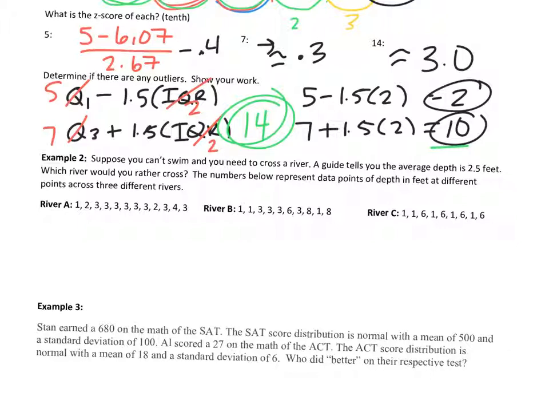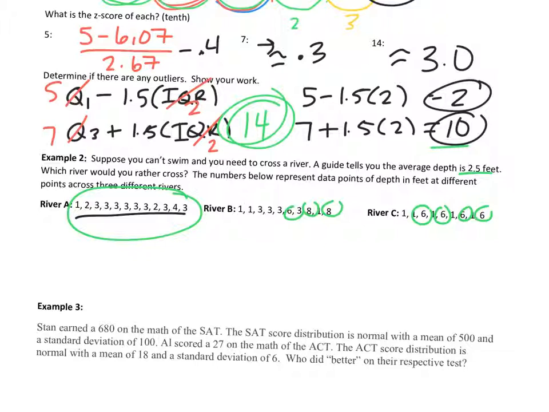I would want to cross river A because if it's 2.5 feet and you can't swim, and here it's 6 feet, 6 feet, 6 feet, you're going to struggle. 8 feet, 8 feet, or 6 feet, you're going to struggle. So even though the averages might be the same, your best bet is A, because this is an example of standard deviation.